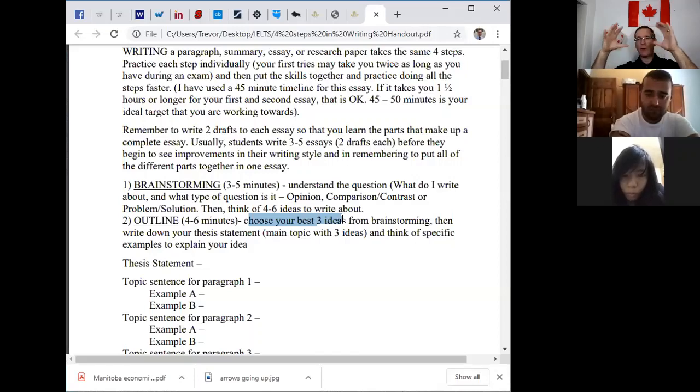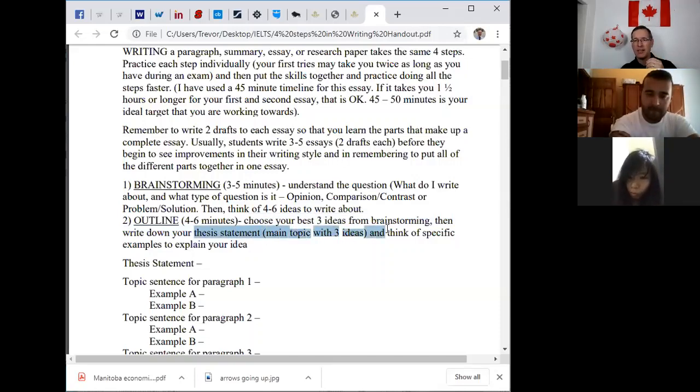But if you have 4 or 5 ideas, you choose the best 3. If one idea is not as strong, you still have 2 other paragraph ideas that are strong that you can get marks for. So I always encourage students in practice, write the best 3 ideas, and then write down your thesis statement. So I'll go into a bit more detail with this.